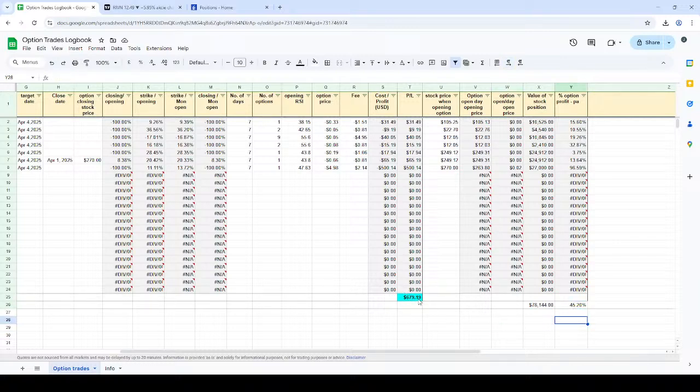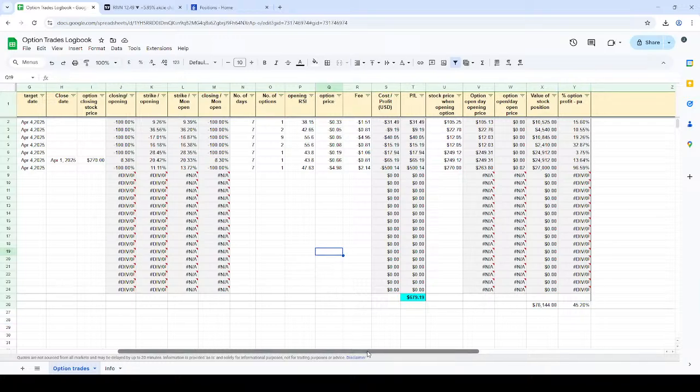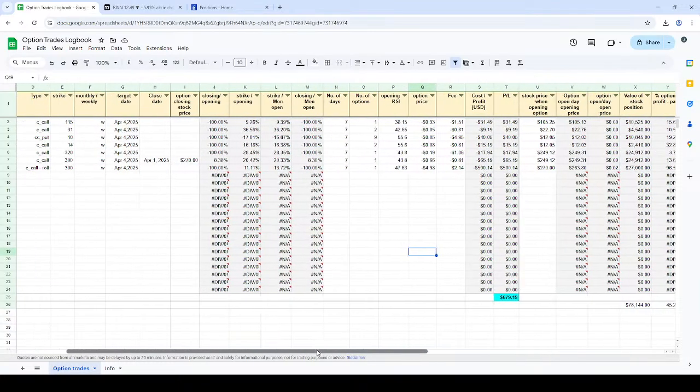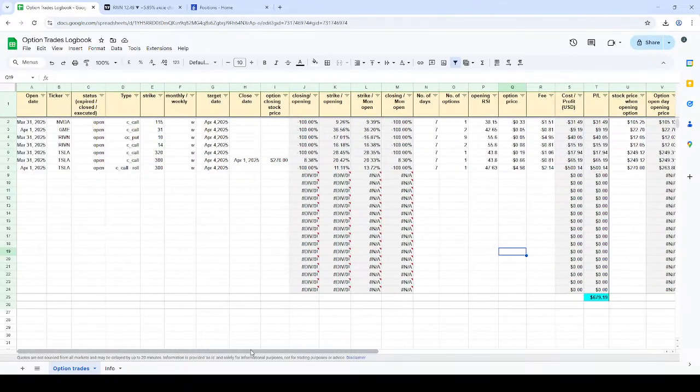So this week I got $679 on premiums, and let's review what the individual trades are and how I did it.